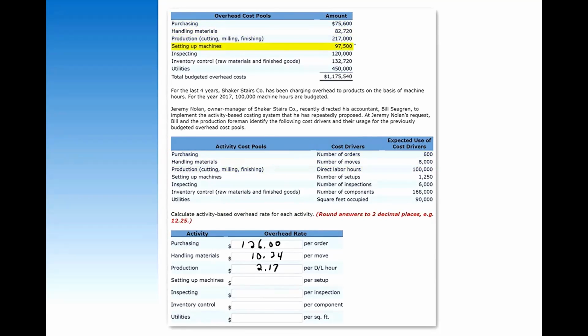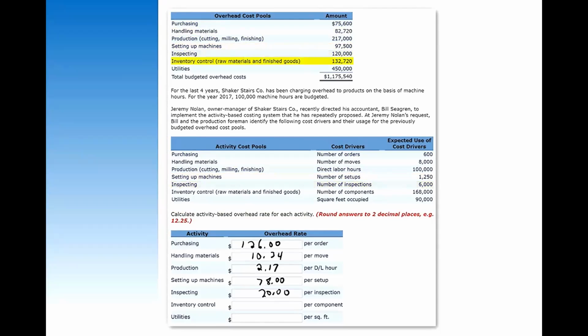Then we have the setup of machines, which is $97,500, divided by the number of setups, which is 1,250, is a rate of $78. Then inspecting, $120,000 divided by the number of inspections, which is 6,000, gives us a rate of $20 per inspection.